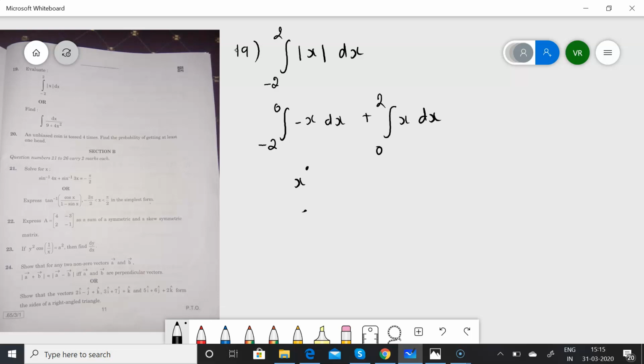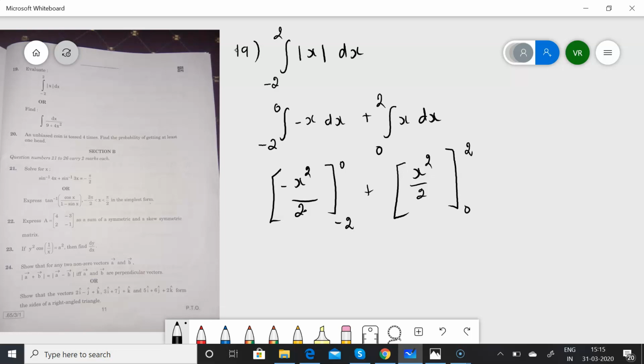Now on integrating, I get minus x squared by 2 between the limits minus 2 to 0, plus x squared by 2 between the limits 0 to 2.